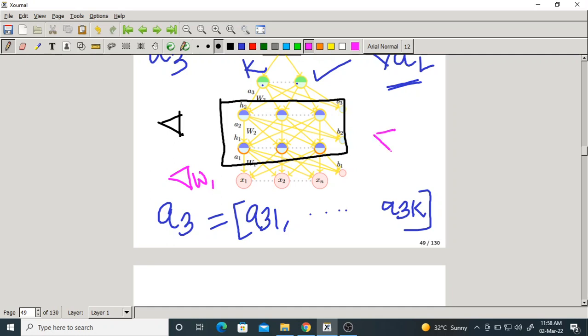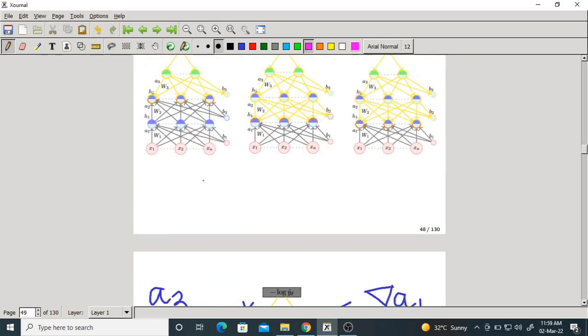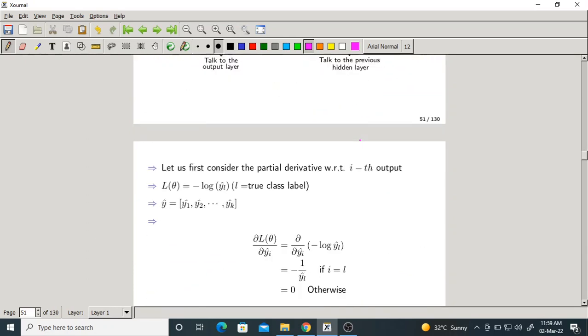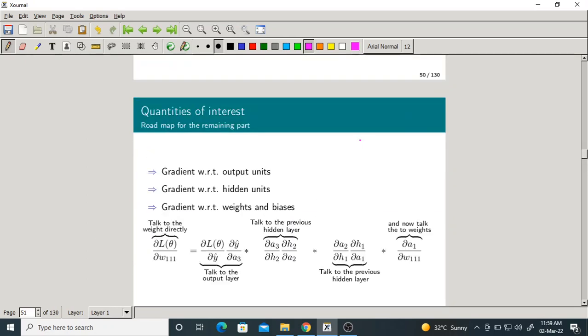W, and bias means B. Okay. So what is the gradient? I told you already. Gradient is the partial derivative of all the elements of a vector. It contains partial derivatives.